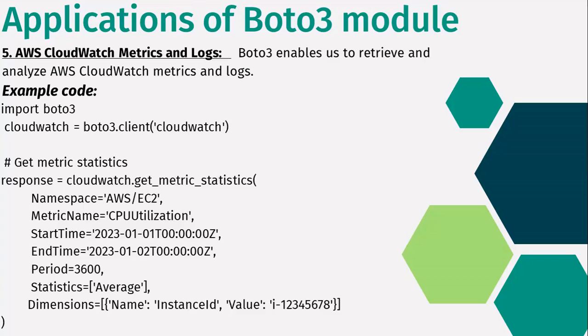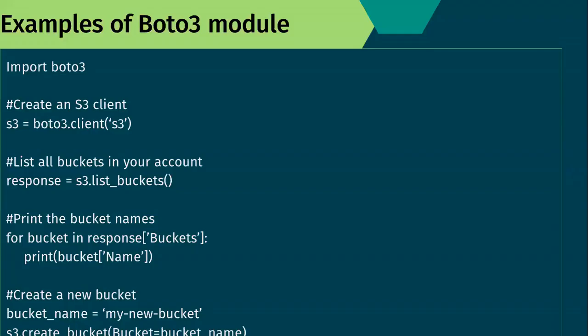In this case, the name is InstanceId and the value is i-12345678. So here comes to an end our code. After running this code, we can analyze the response to access the metric data for further processing or visualization. So here is an end to our applications of the Boto3 module.